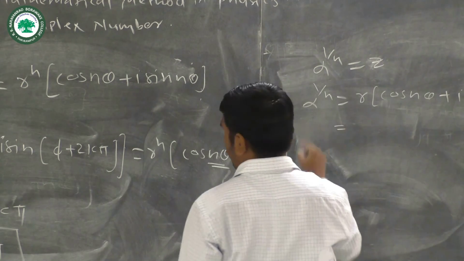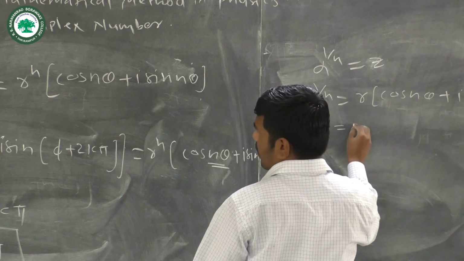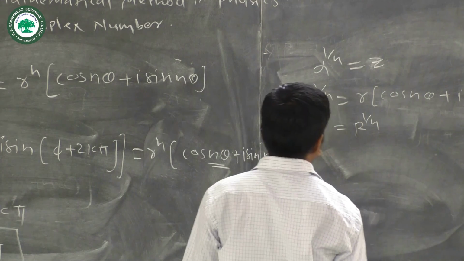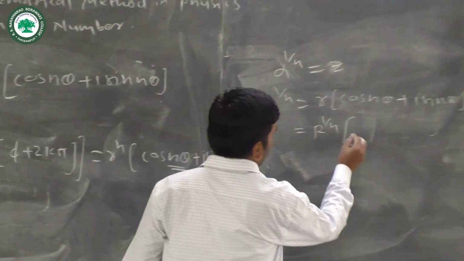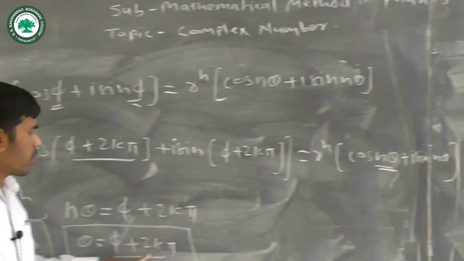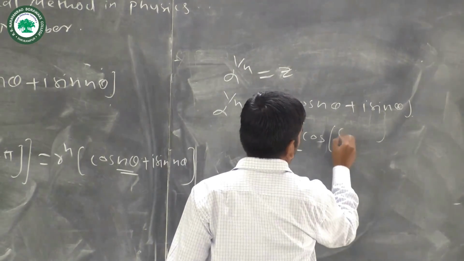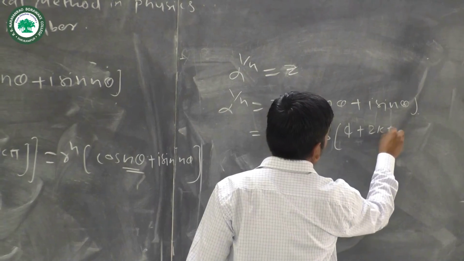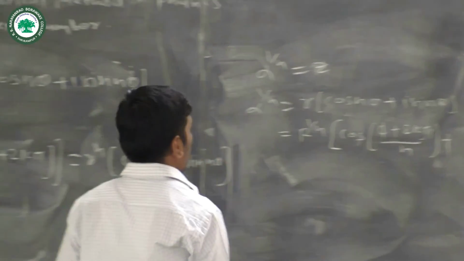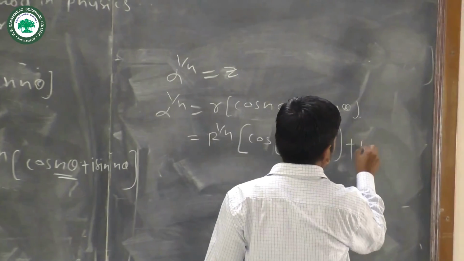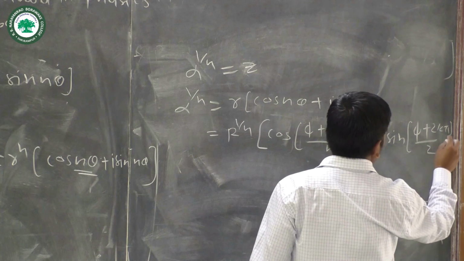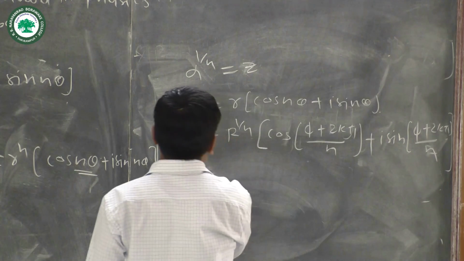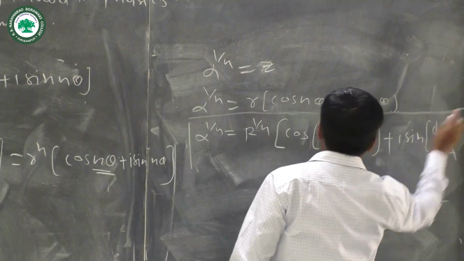From this relation we can rewrite r as capital R power 1 by n into cos of theta, where theta is equal to phi plus 2k pi by n, that is cos of phi plus 2k pi divided by n, plus i sin of phi plus 2k pi divided by n. Okay, so this is the root of a complex number.